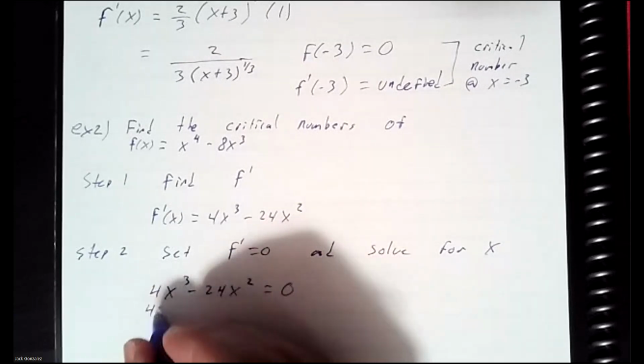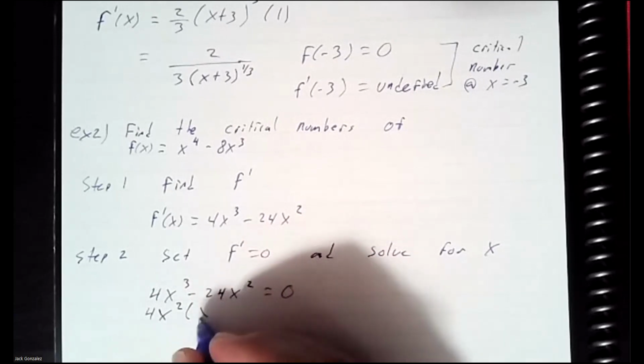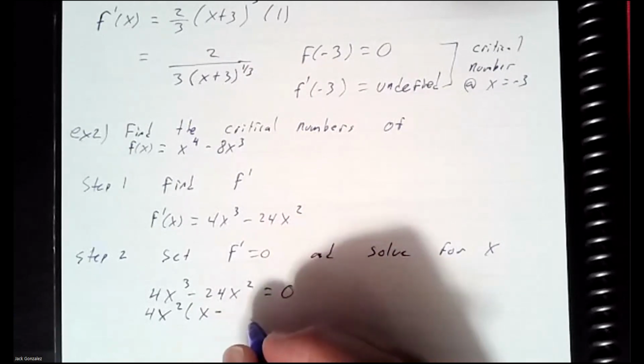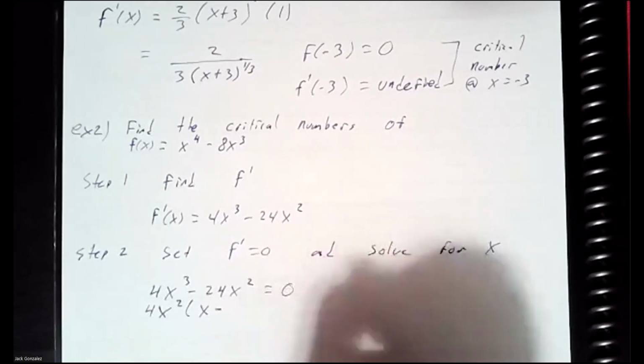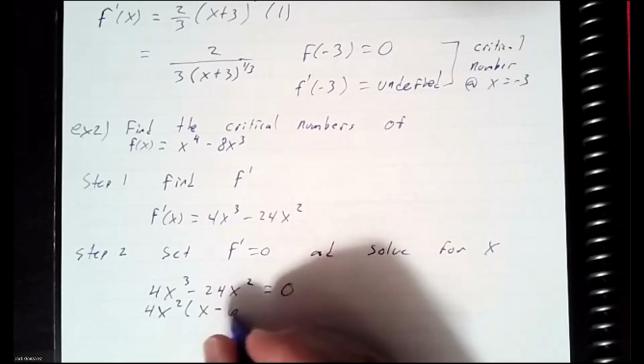So factor this out. They both have at least 2 x's, right? That'll be 4x squared times (x minus 6).